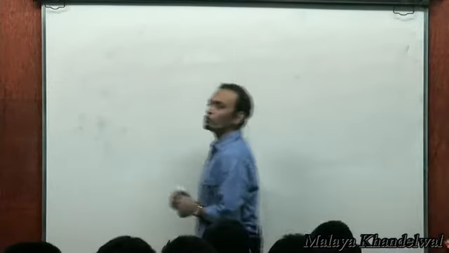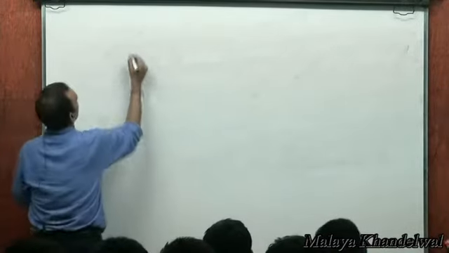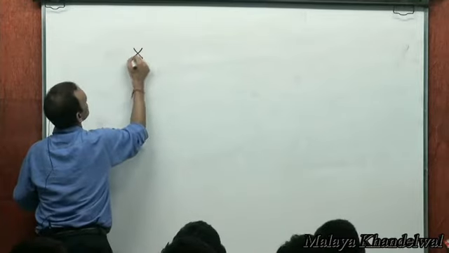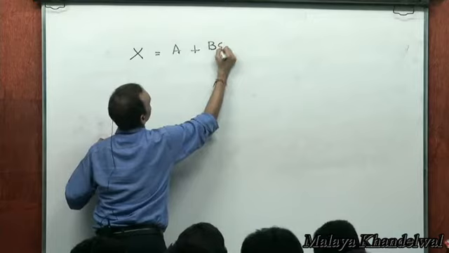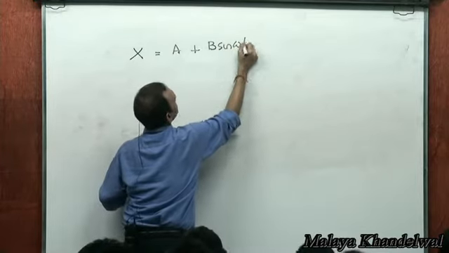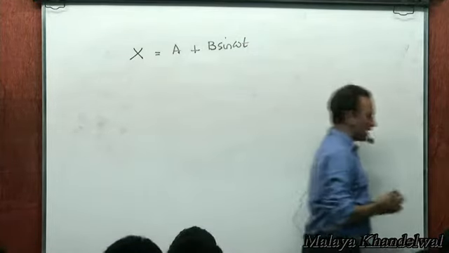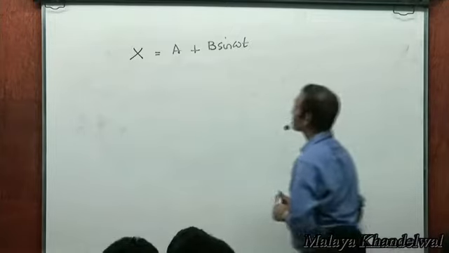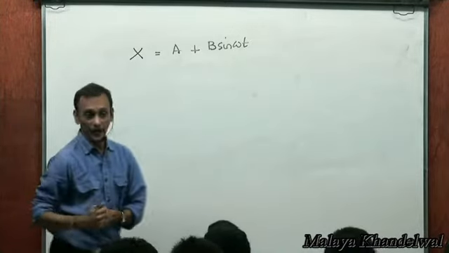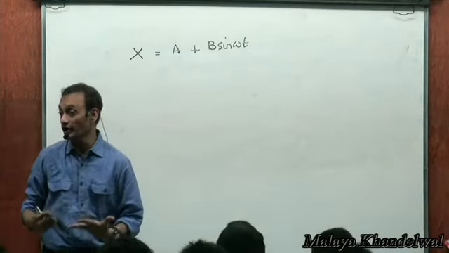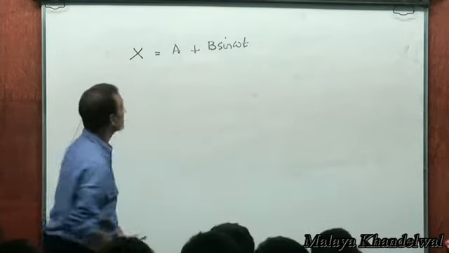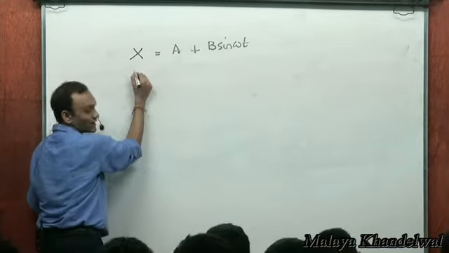Suppose we had x is a plus b sin omega t. Suppose that's how x was, right? I want to see if this motion is simple harmonic. So I differentiate once.